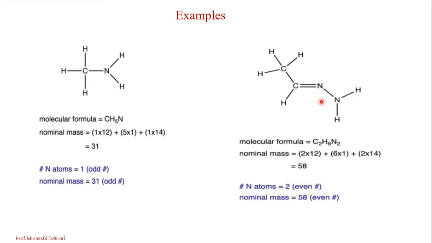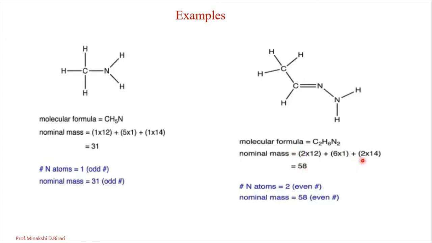In the second example, the molecular formula is C2H6N2. If we calculate the nominal mass, the number of carbon atoms is 2, so 2 into 12, plus 6 into 1 for the hydrogens, plus the number of nitrogens 2, 2 into 14. So if we do the calculation, we get 58.